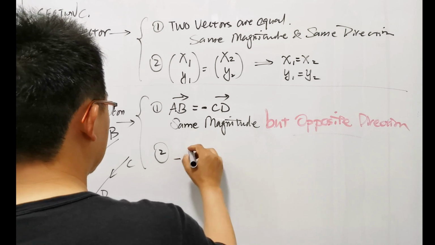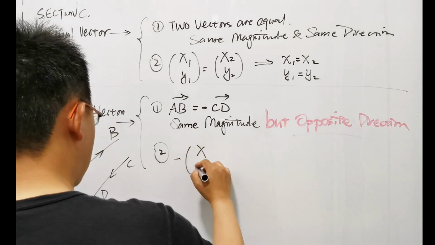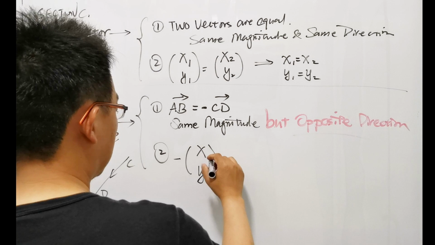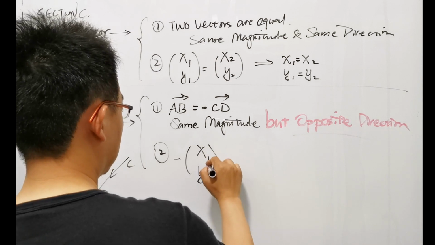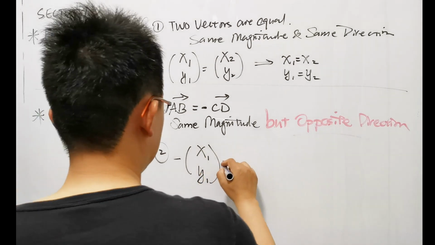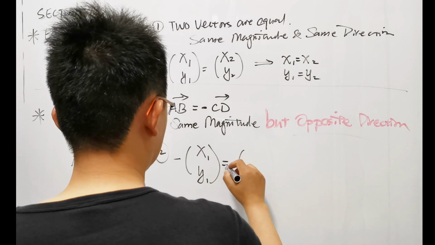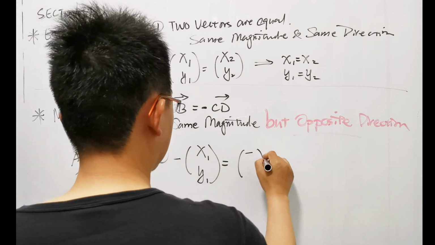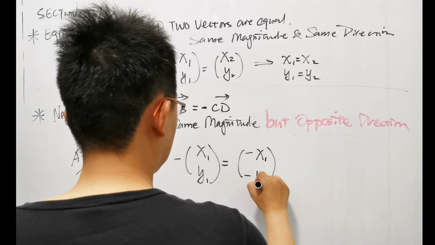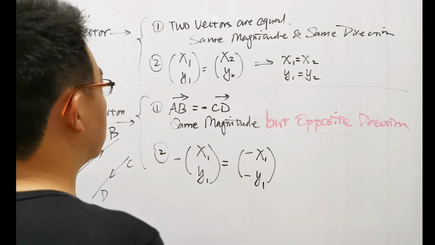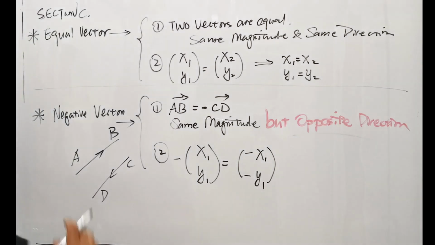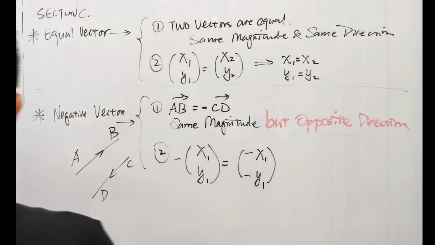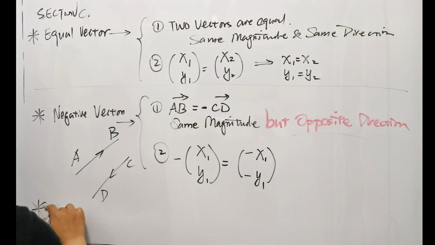So minus x, y equals, we can move this vector in. So this is the same equation. We understand these two important concepts, and we also learn about zero vectors.